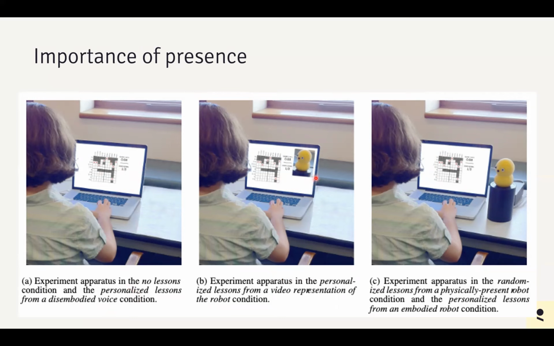And even if it's a very basic character here, this little bird, if you have the bird physically in your same room, you actually learn the task faster than if the bird is presented on a screen. So that's very interesting. And this is because of this physical presence.